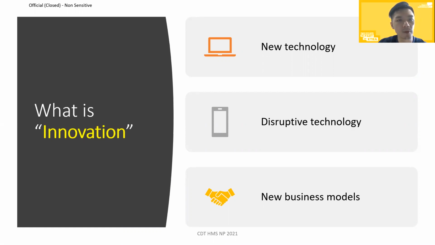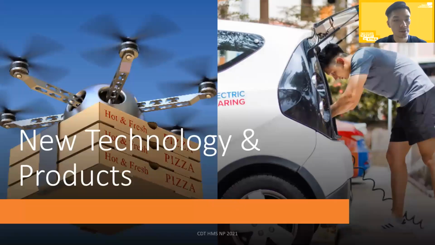Let's jump into some of these examples. For new technology and products, these are technologies or products that have been developed to make some of the things that we have to do more convenient. It makes things easier for us to go about doing our chores, or it makes it more efficient and effective.